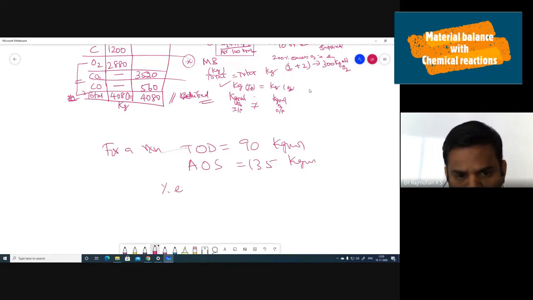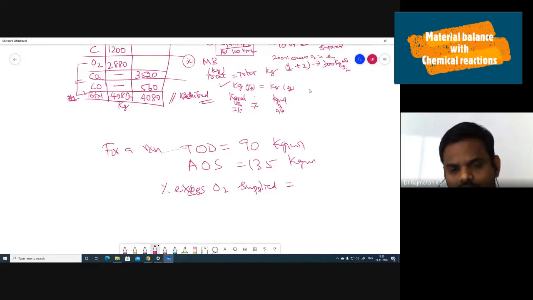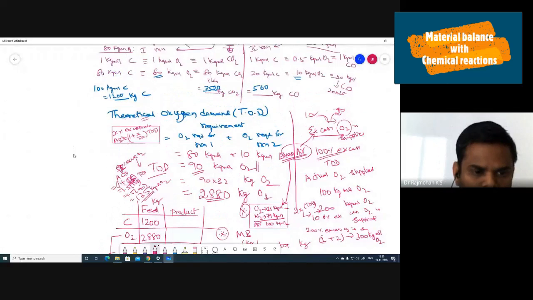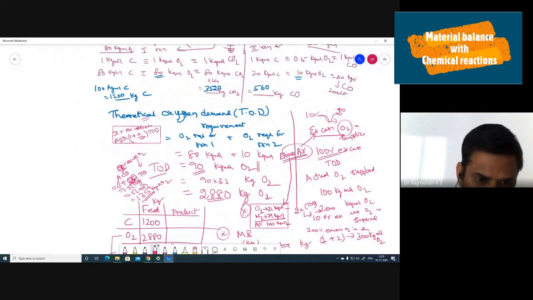What is the percentage excess of oxygen supplied? We should get 50% because we calculated it already with the reverse one, right? If it is 50% excess, we calculated it to be 135 kg moles.